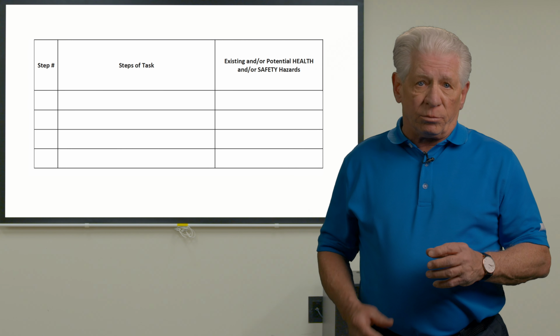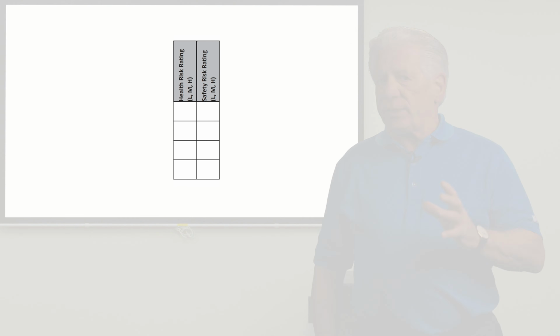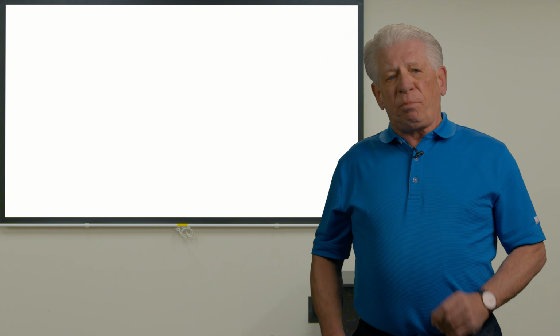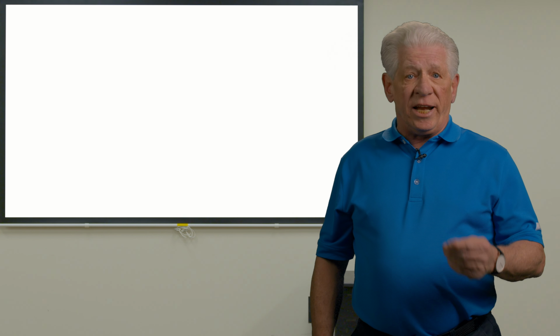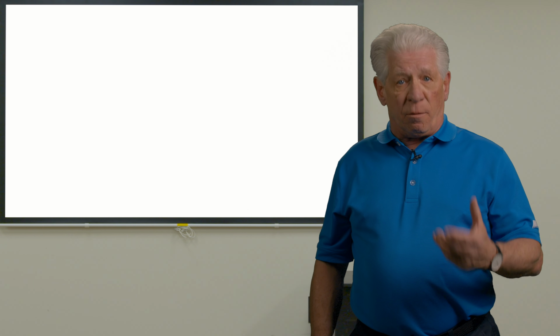The next 2 columns are used to evaluate the risk of the identified health and safety hazards utilizing a risk rating system. There are varying approaches to the risk matrix, sometimes utilizing multiple steps with a rating system that includes both letters and numbers.